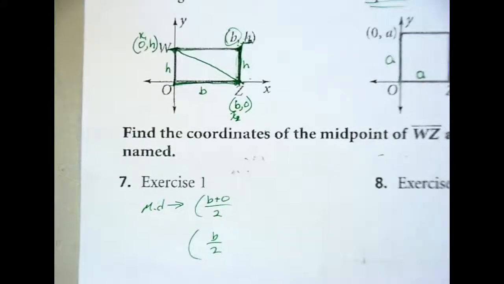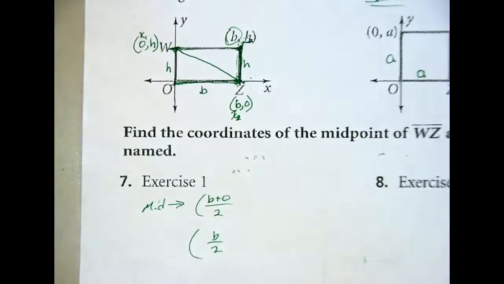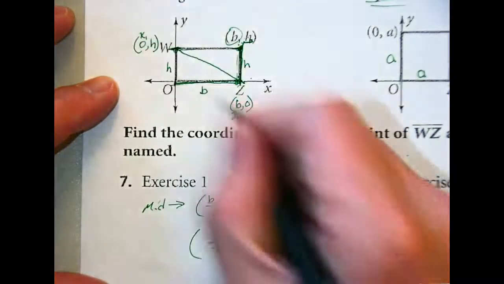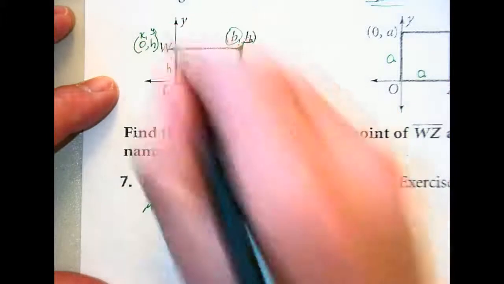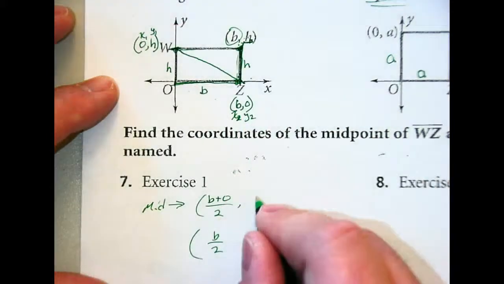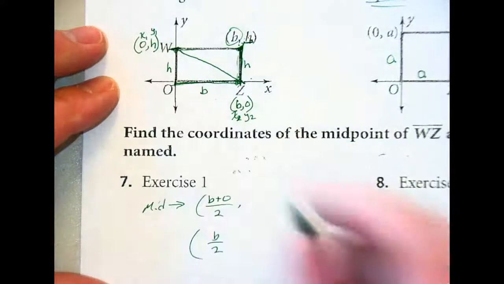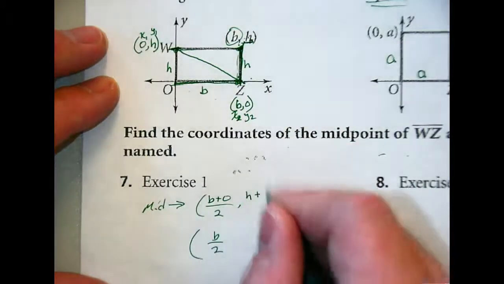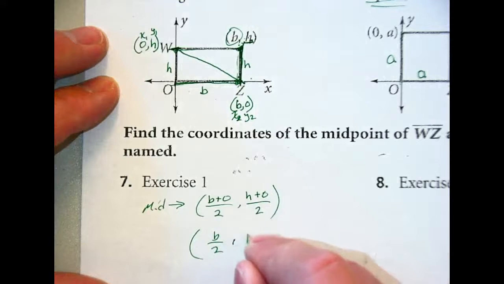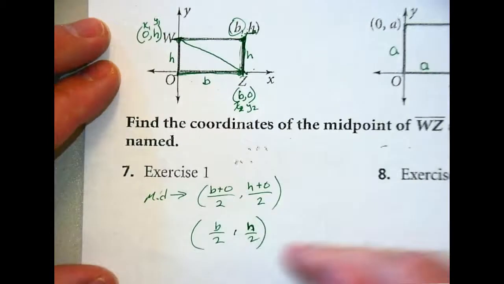Oh, it's a 0. Everyone agree? Seems logical there. So this one now is y1 and y2, and we add those two up using our midpoint formula. y1 is h, y2 is 0. Doesn't matter what order we add them in. But we get h over 2. So b over 2, h over 2, or 1/2 b, 1/2 h.